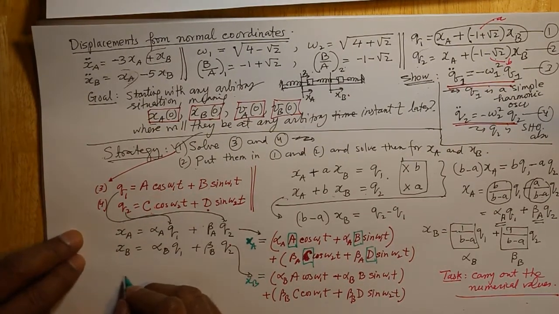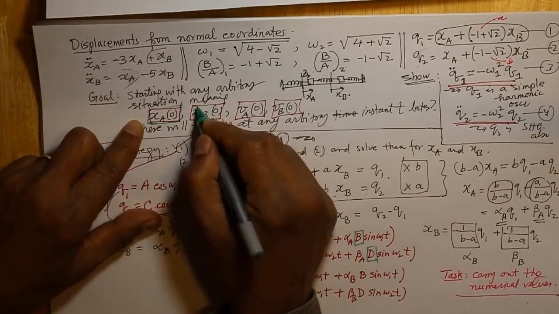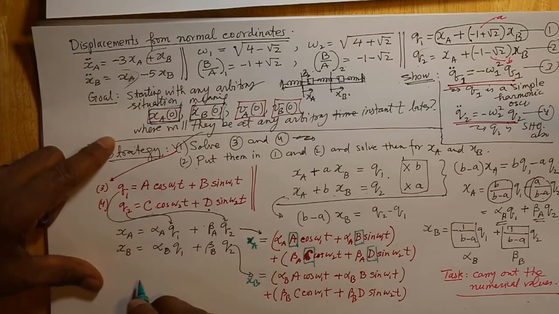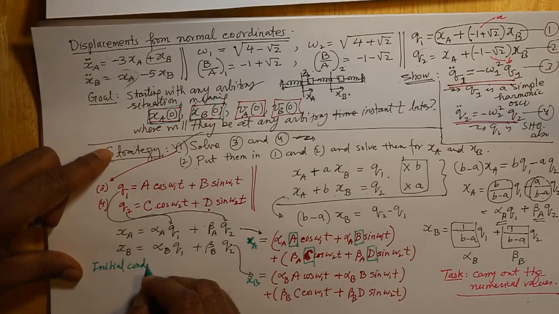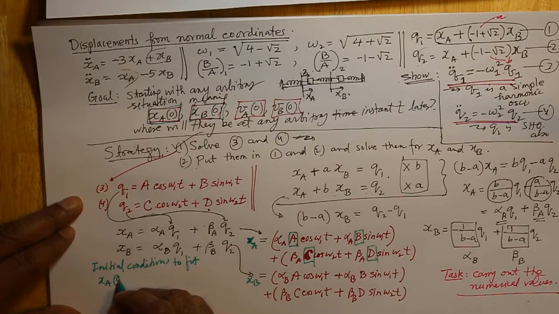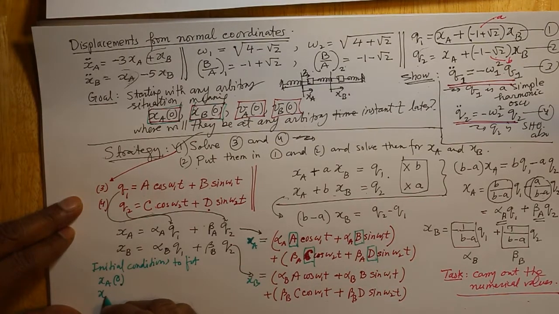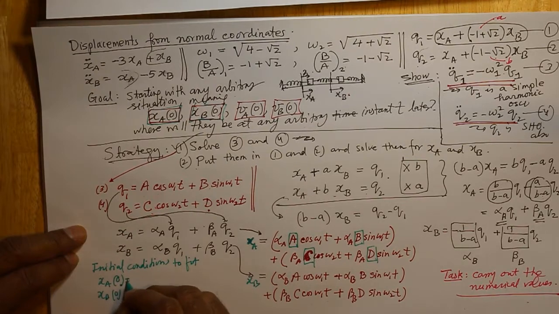So how do I get them? We get them using the initial conditions. So the initial conditions to fit are XA0 and XB0.